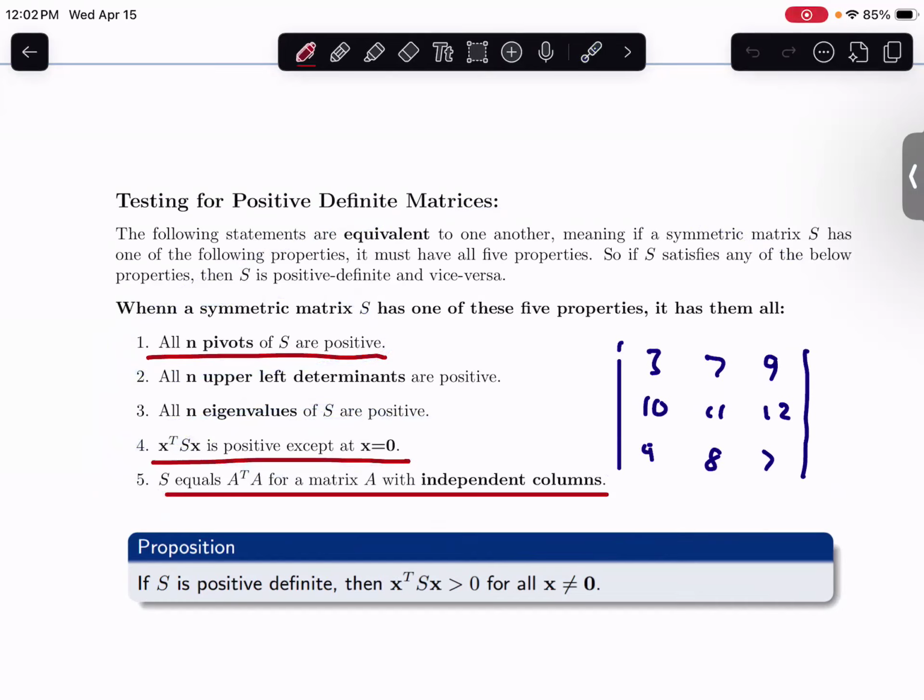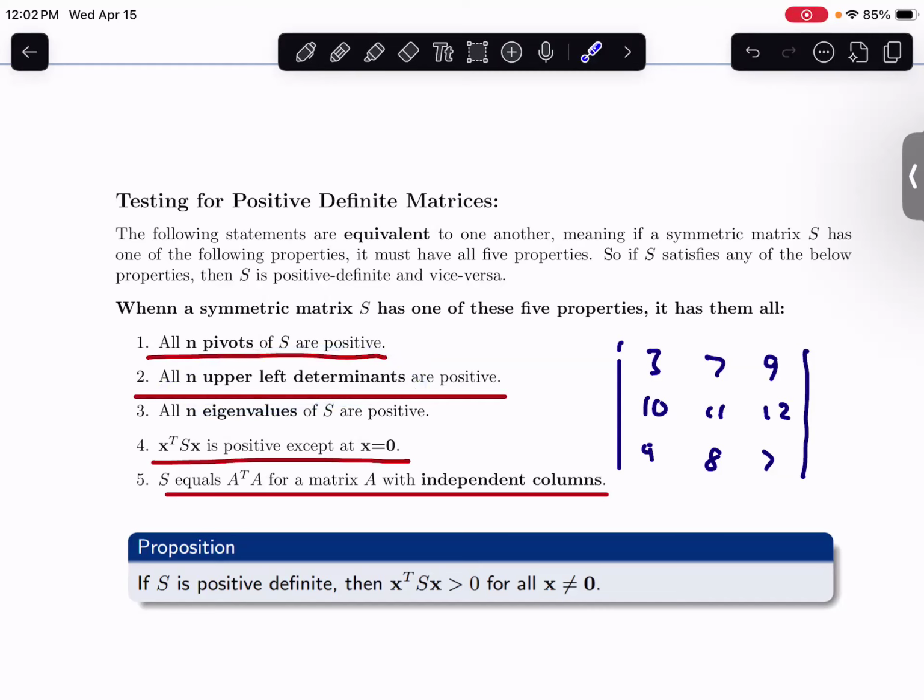I told you to gloss over the second and third ones. I think the second one is actually pretty valuable in determining positive definiteness. Maybe I should have said the original definition is probably the least convenient of them all. I was talking about these n upper left determinants, and you might ask, what are those, and why does it matter?